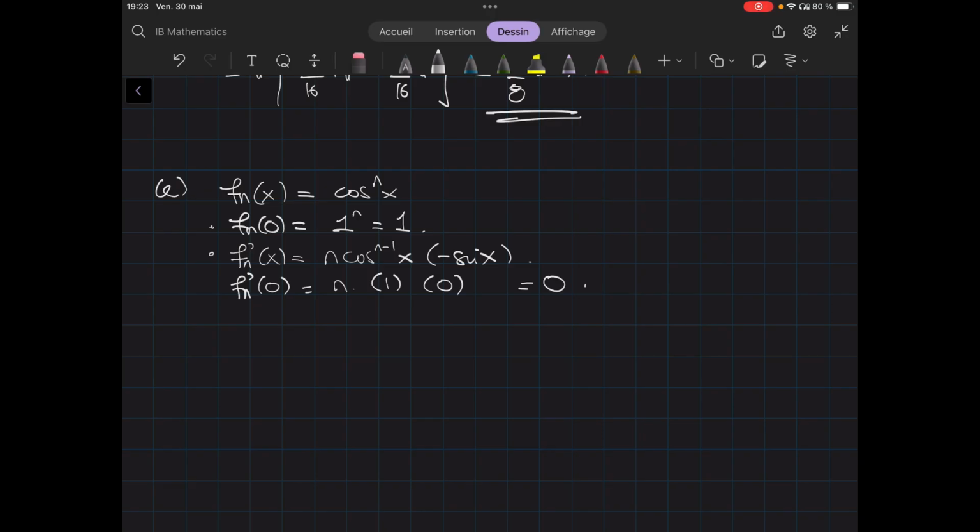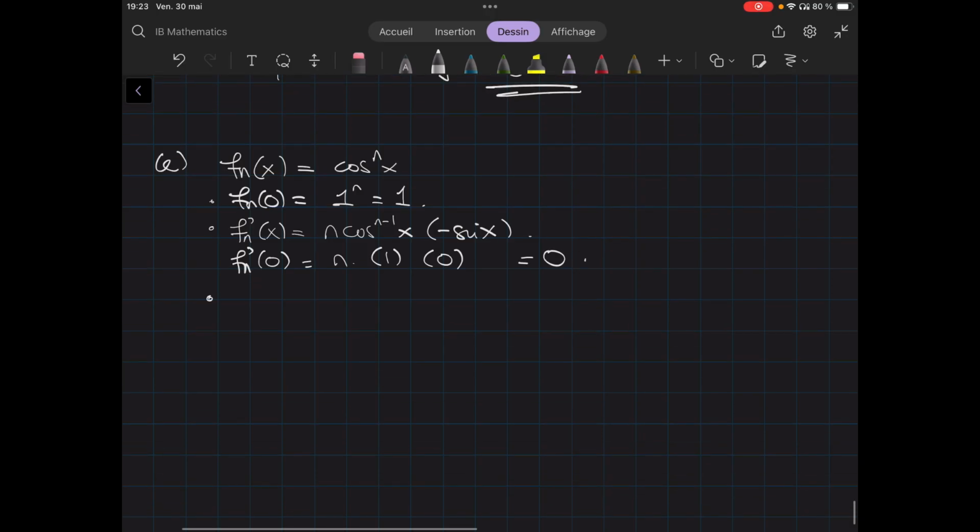0. Convenient. Second derivative, I'm going to differentiate this another time. We have a product of 2 functions, so we have to use the product rule. So negative n times n minus 1 cos to the n minus 2 x times negative sine of x squared.